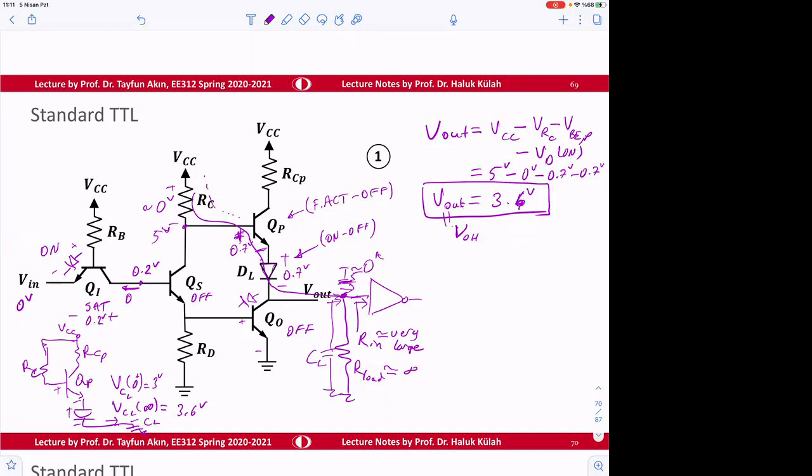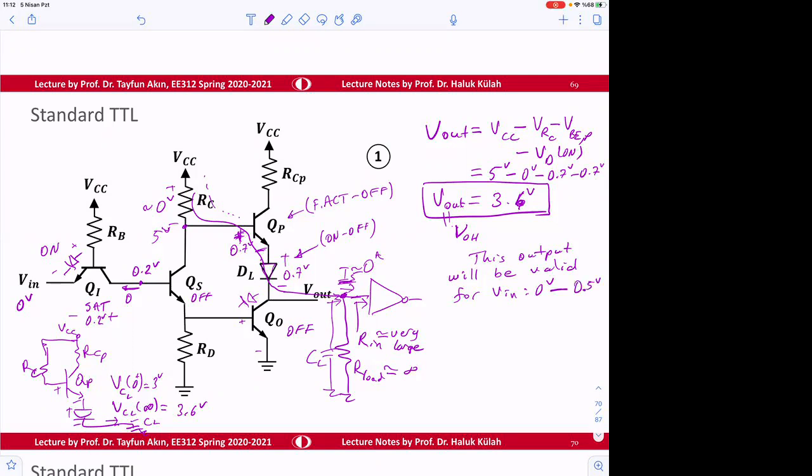And this output will be valid for V in between 0 volt and 0.5 volt.